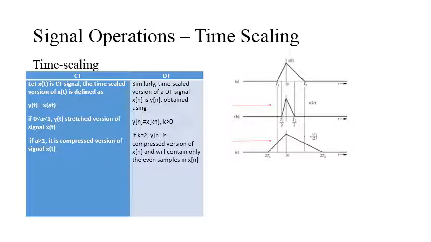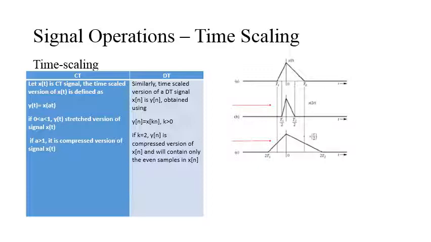So another operation that we perform on the independent variable is time scaling. Okay, so again, we have an input signal, continuous time signal x of t, and we scale it by a factor of a. So we get the output signal y of t, which is equal to x of a into t, right?